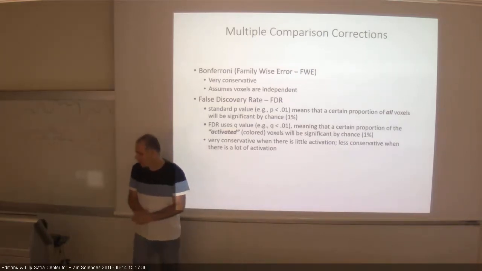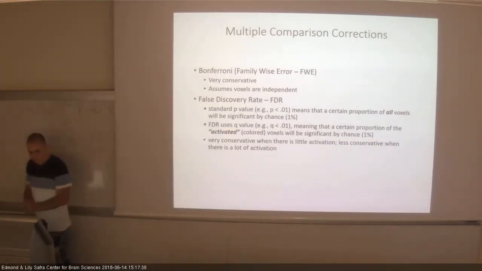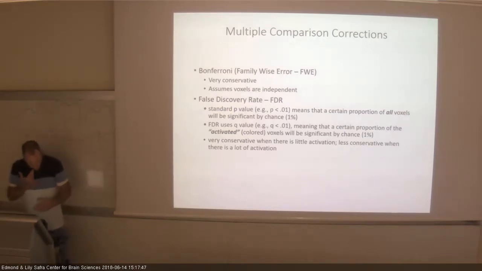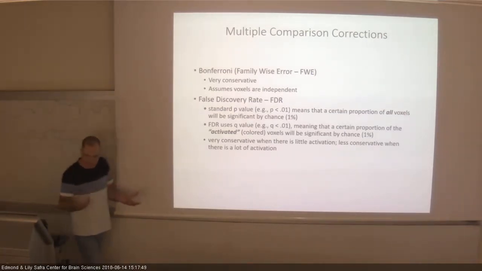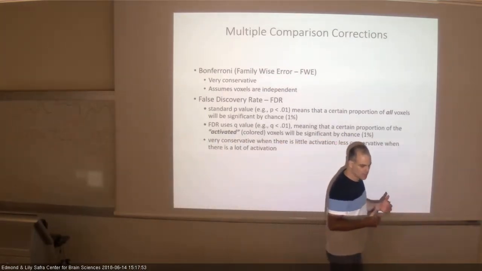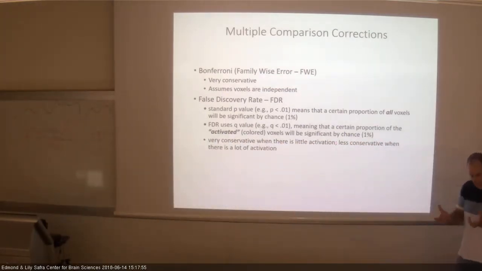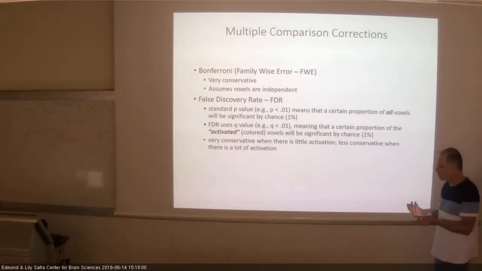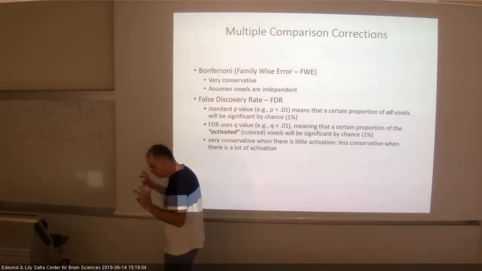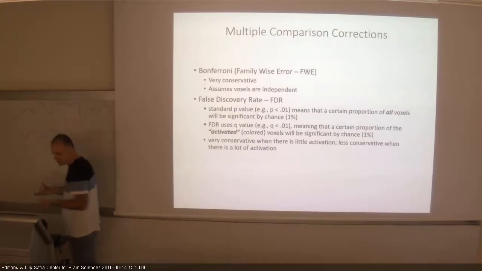One very popular way is using the false discovery rate, and again, intuitively, the difference here is that you estimate the probability of a false positive, or something being significant by chance, as a proportion of the actual voxels, not the whole set of voxels. Okay, what I mean. So P, if I scan 60,000 voxels, so with Bonferroni, P has to be divided by 60,000.